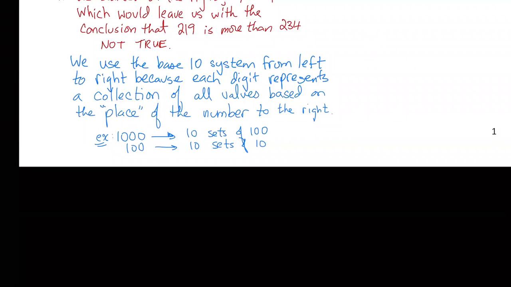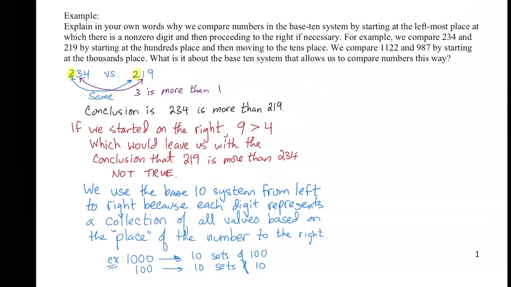So what we're actually getting from this is the idea that if you start on the right, you're accounting for everything. You start on the left, you are accounting for everything to the right of that number, right, already.